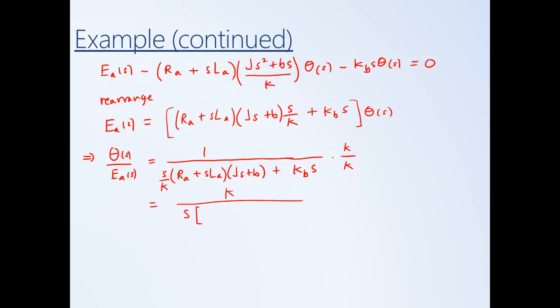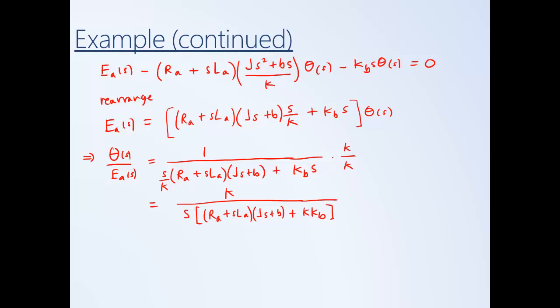This first term has an S, and this second term also has an S, so I'll factor S all the way out of the denominator. Then I have this term due to the electrical dynamics in essence. I have this term due to the mechanical dynamics. When I multiply through by K, I'll cancel the K on that term, but then when I distribute, I'll also end up with a K on that term. And that gives us our transfer function.